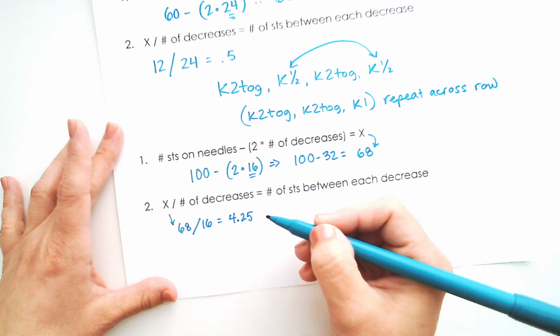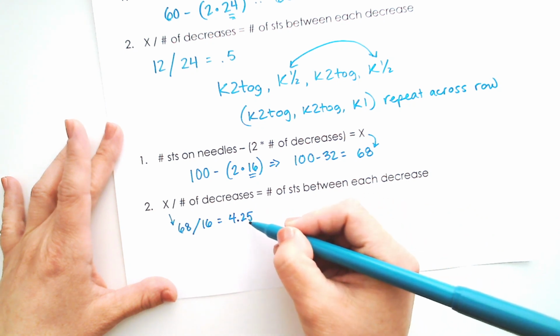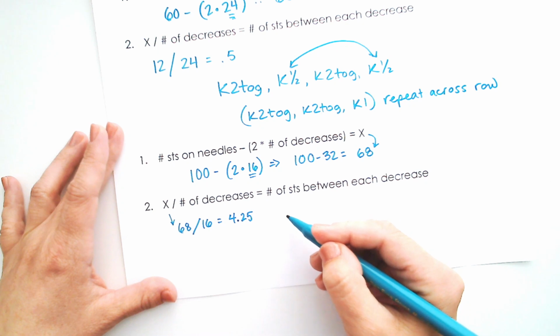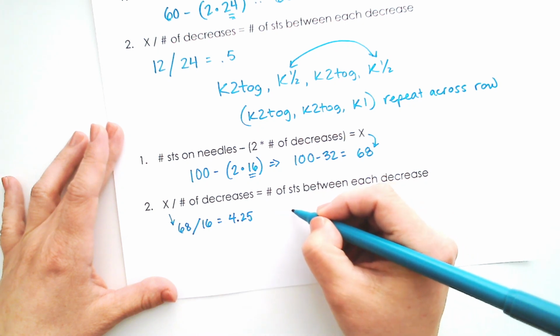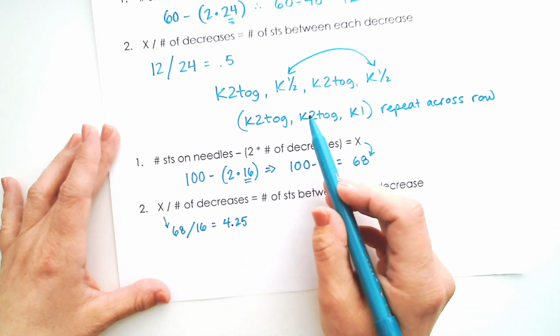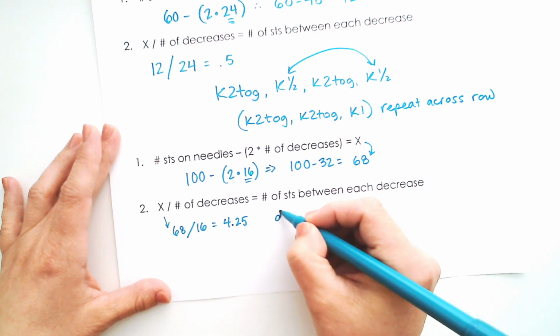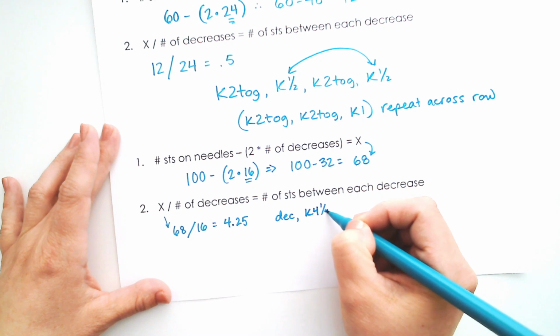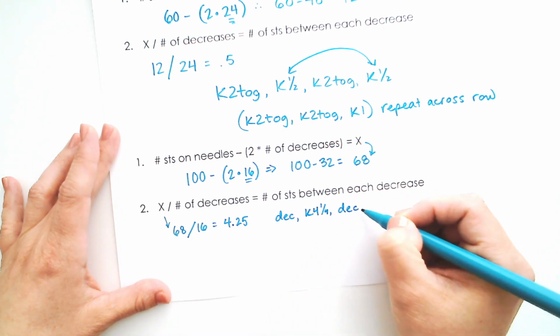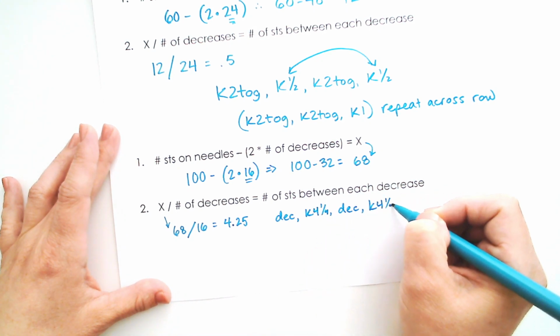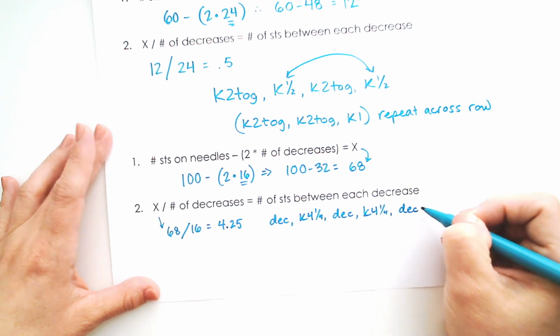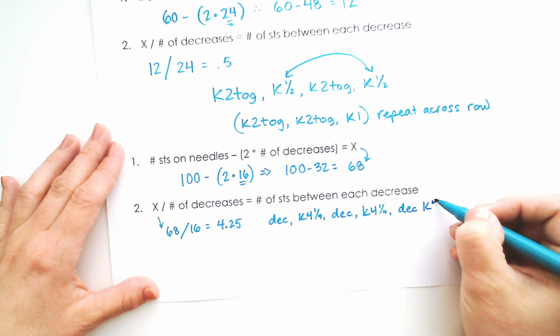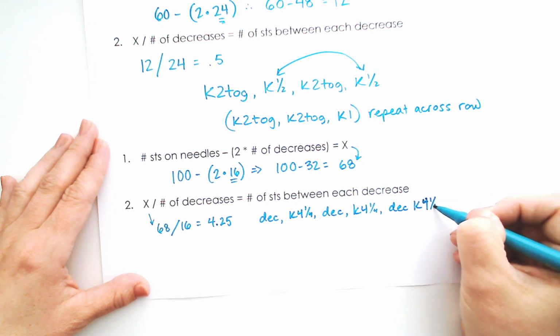And again, you can't knit a quarter of a stitch. So what your row would kind of look like here, if we were to write it out the same way we did for the previous equation, would be decrease, and then knit 4 1/4, decrease, knit 4 1/4, decrease, knit 4 1/4, and so forth.